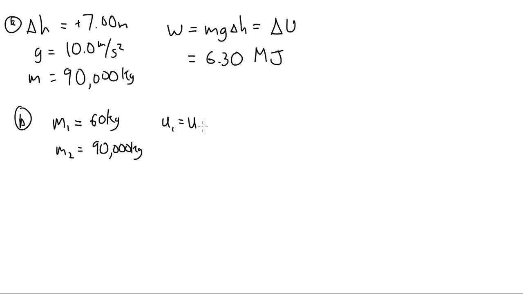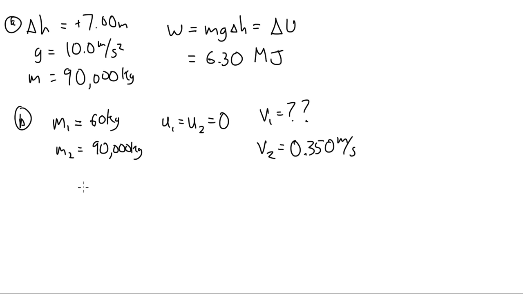u1 and u2 are both 0, so they're initially motionless, and then we want the X-wing going at 0.350 meters per second, which was 35 centimeters per second. So what is v1?